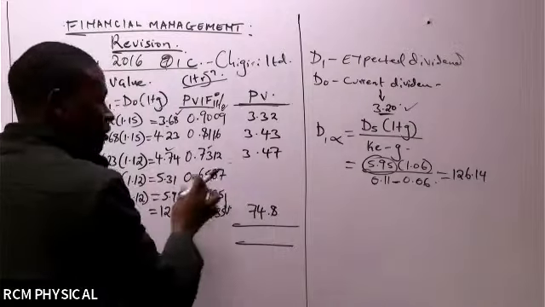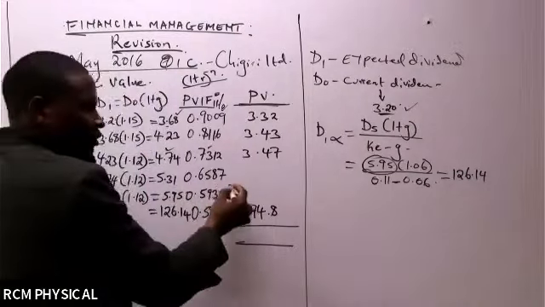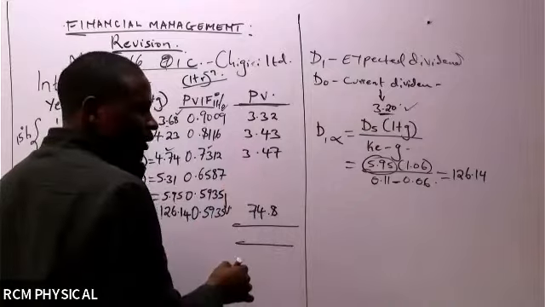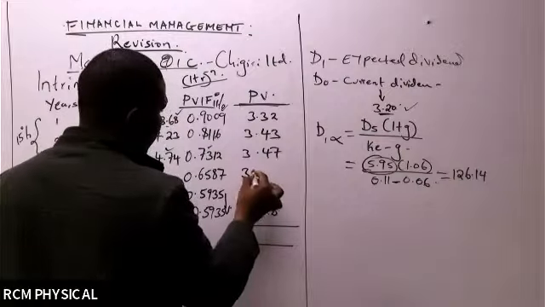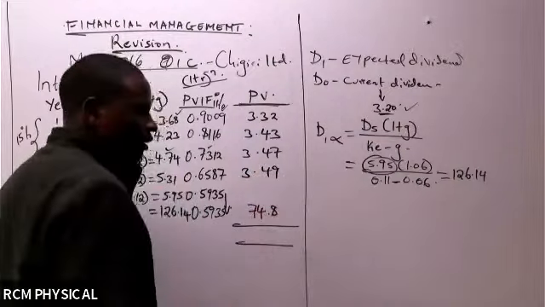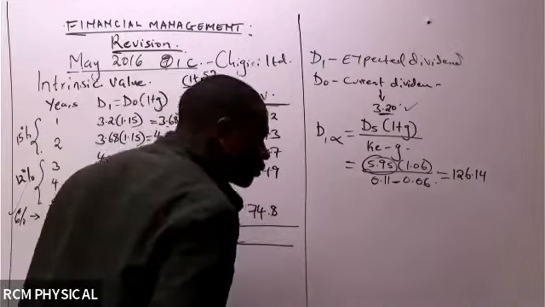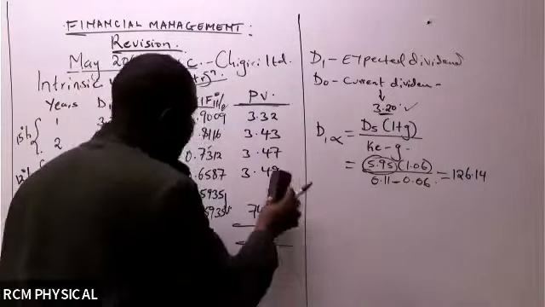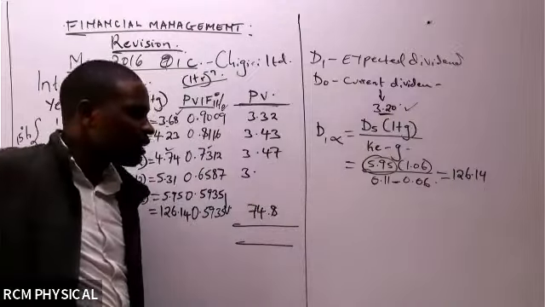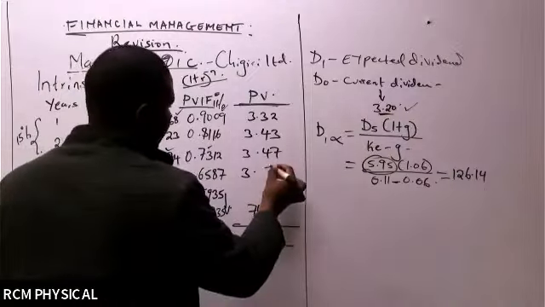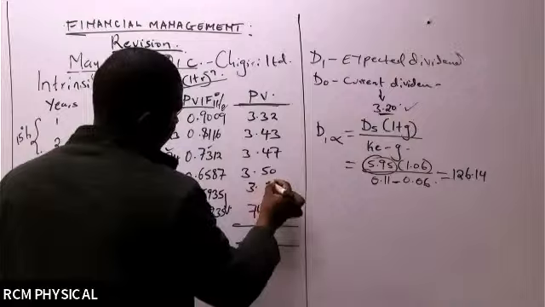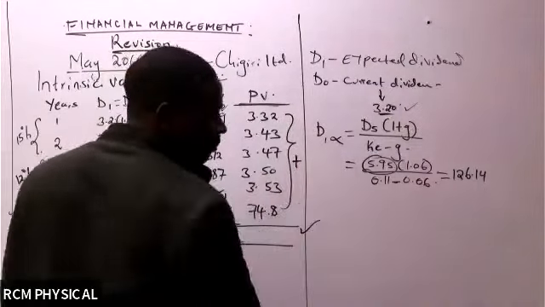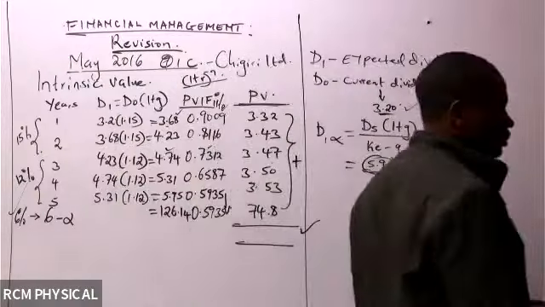Then give me this: 3.47. We are almost there. Then 3.49. And the last one is 3.50. Now get the total summation. Do the summation.